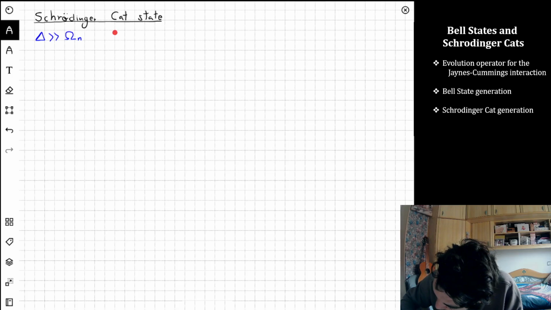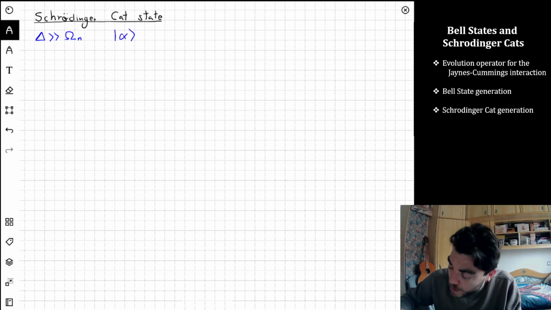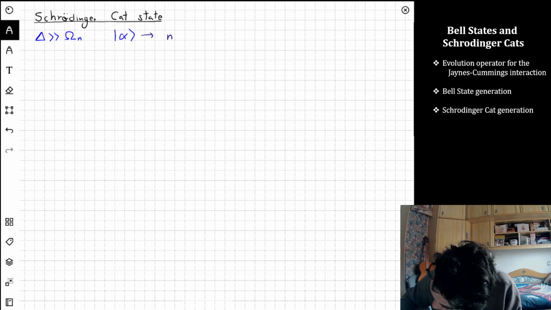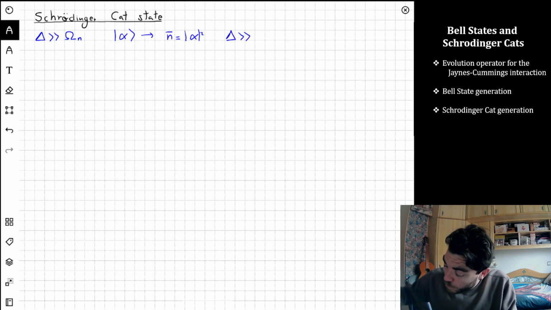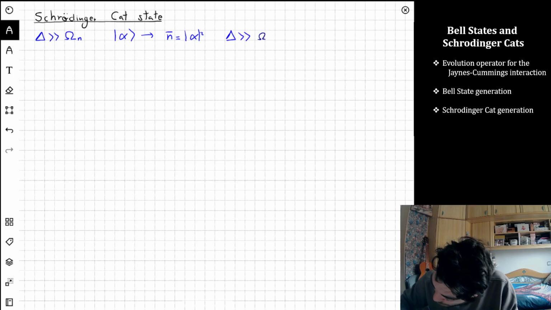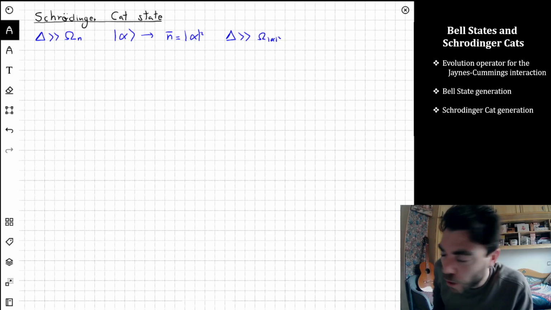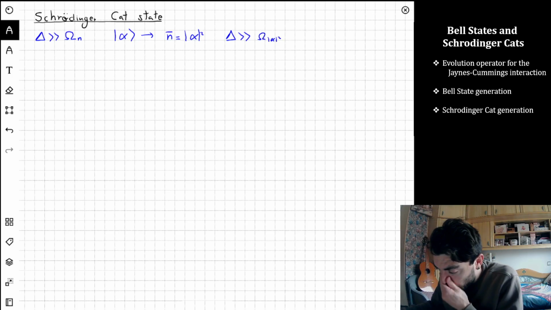So for example, if we have a coherent state alpha, that is the case that we will have, then the mean value of n is equal to alpha squared. And what we are saying more or less is that the detuning should be much higher than omega times alpha squared. Okay, it's an approximation.